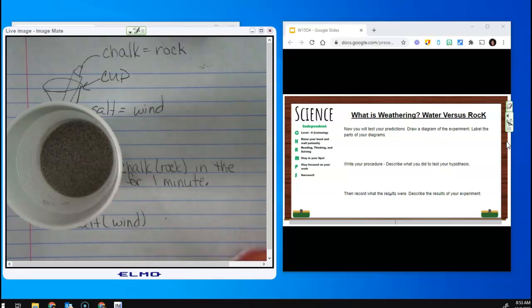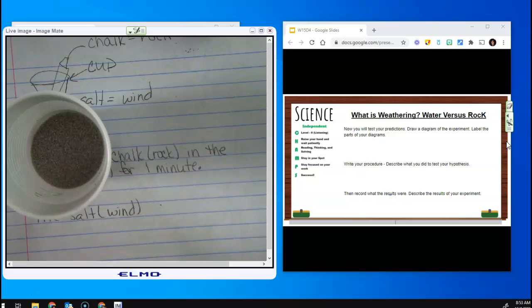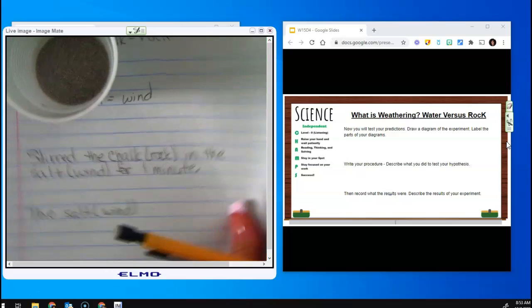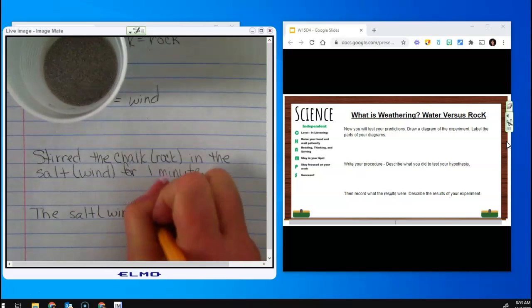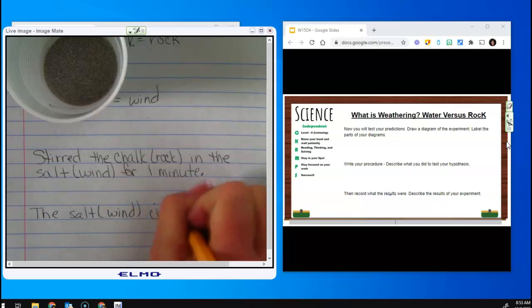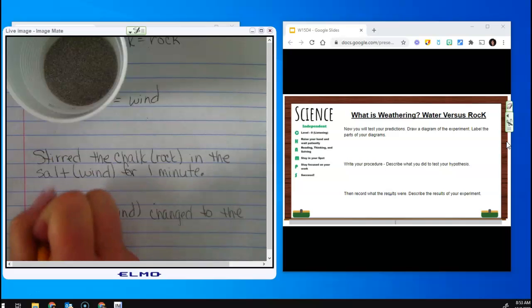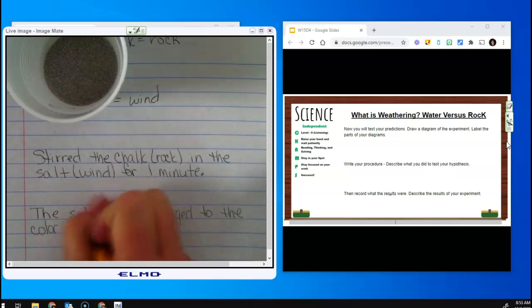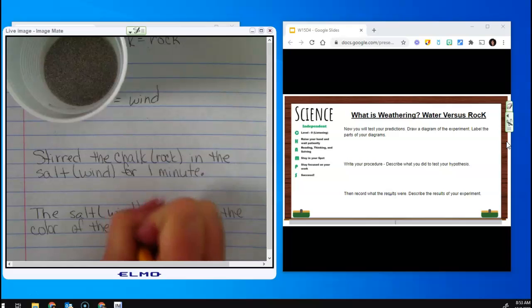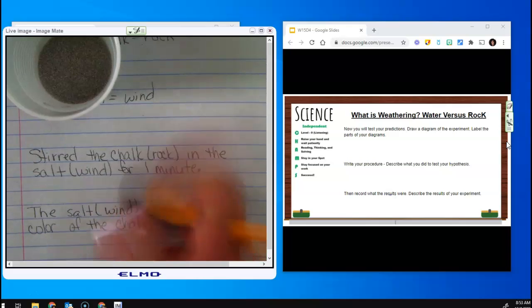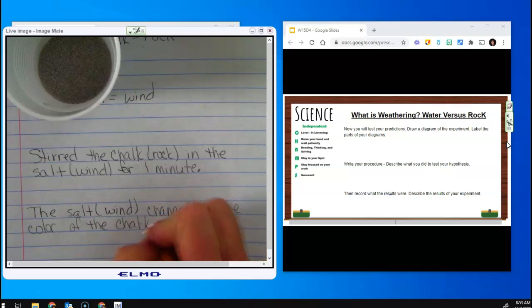It changed to the color of the chalk. So the salt, or parentheses, wind, right, changed to the color of the chalk, which is also the rock.